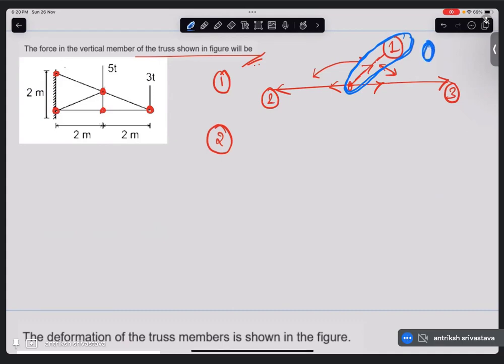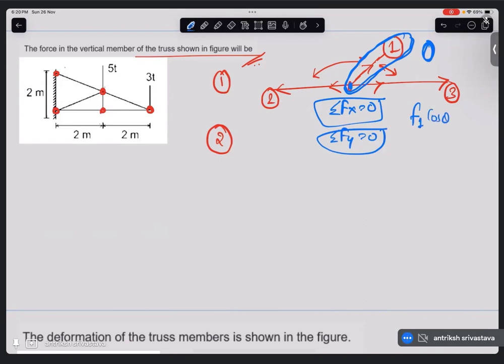It makes sense, right? Because if you look at this point, you will do sigma Fx equal to 0. That will give you something, and you will do sigma Fy equal to 0. That will be some component of this force F1 into some angle, cos theta or sin theta, let's say sin theta, will be equal to 0.